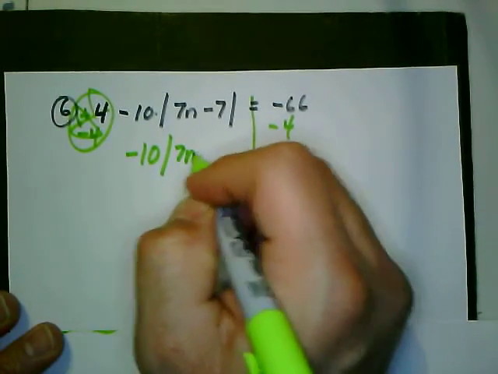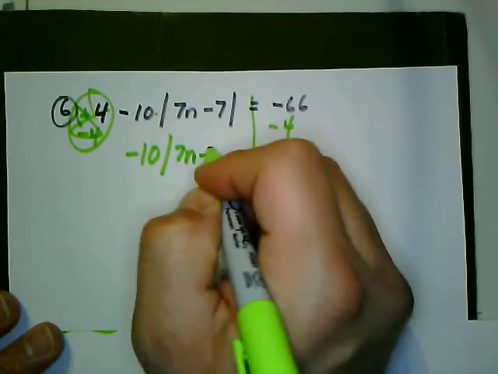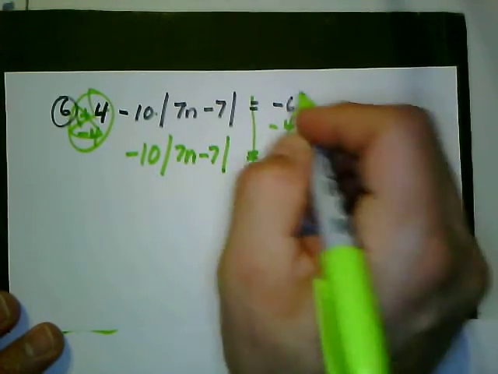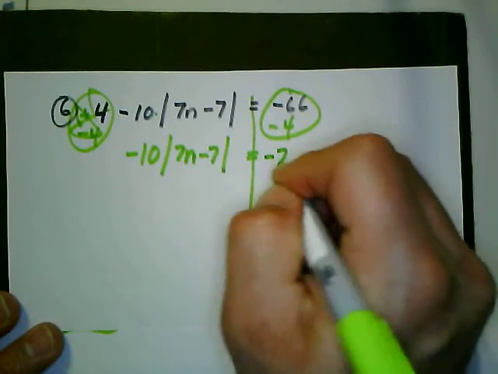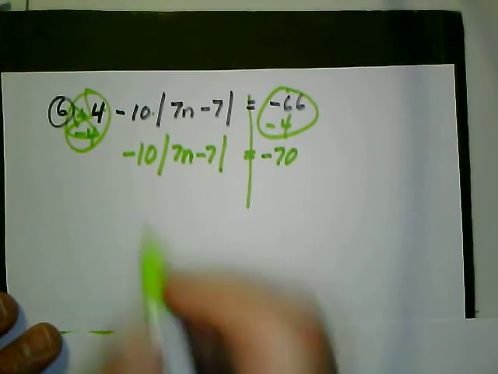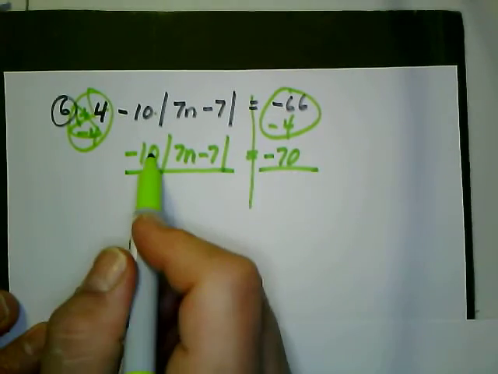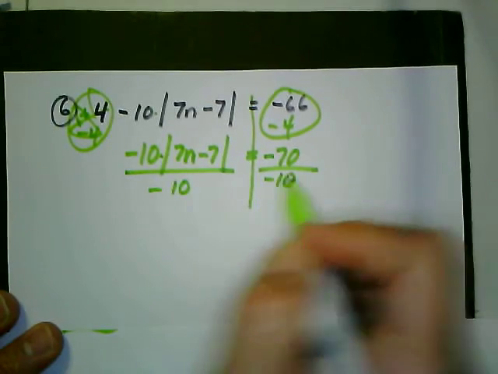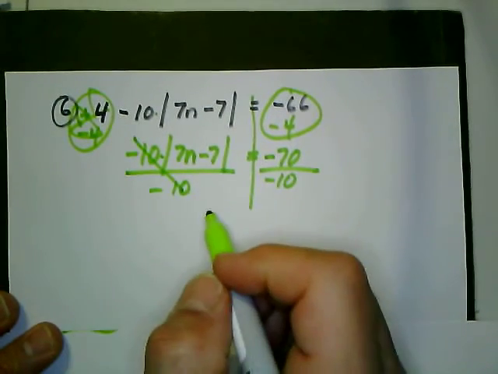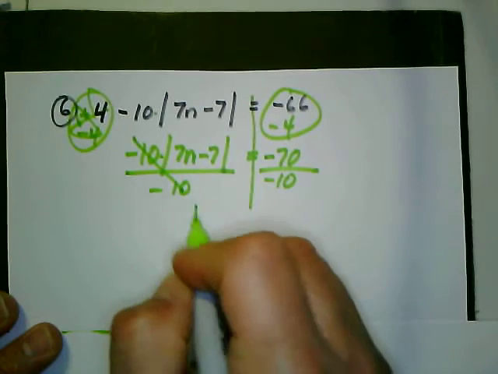And then the absolute value is 7 times n minus 7, absolute value symbol. And negative 66 and negative 4 is negative 70. Then we divide by the coefficient, what's being multiplied, right? So we're going to divide by the actual negative 10 itself, because negative 10 divided by negative 10 is 1. 1 times all of that is that.